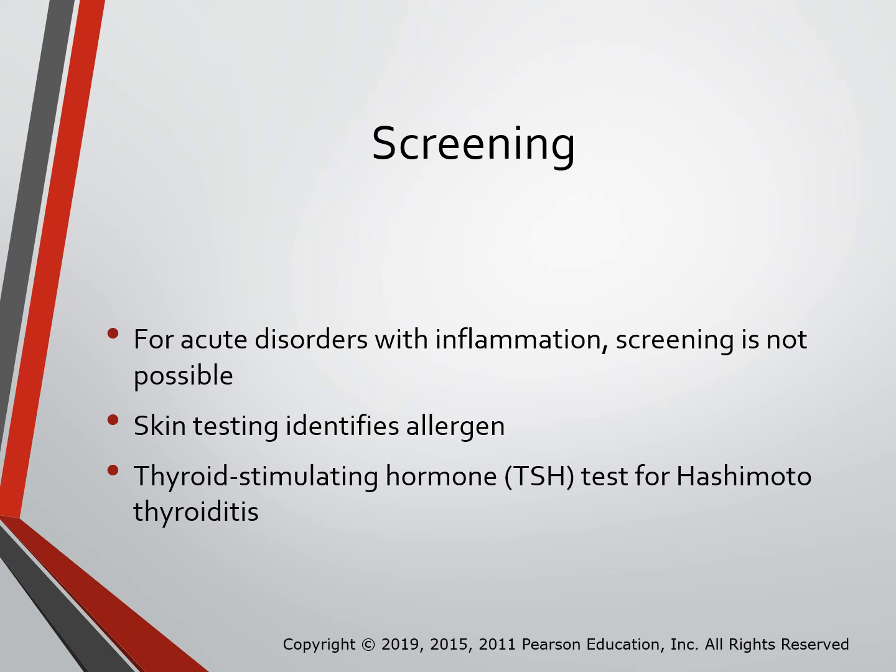Usually by the time you have the symptoms, you've got appendicitis. However, for some conditions, such as allergic rhinitis, skin testing identifies the allergens that trigger an inflammatory response. A thyroid-stimulating hormone test determines if an asymptomatic patient has Hashimoto's thyroiditis.